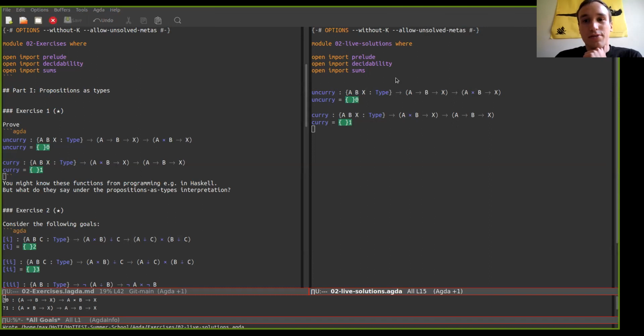Cool. So I want to do this a bit interactively. You can just unmute yourself and make suggestions on how to solve these things. So maybe we'll actually start with curry. What would you do here? Anyone?